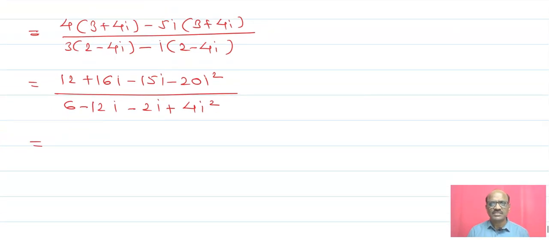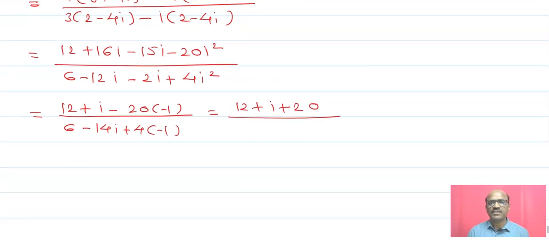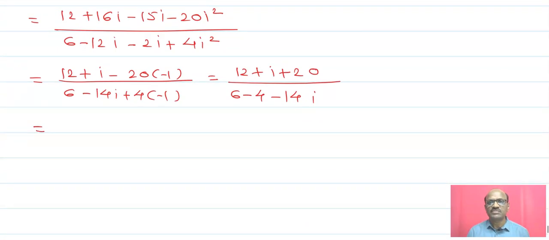Now this is a simple simplification. That is 12 plus i minus 20 in bracket minus 1. Therefore you will get 12 plus i plus 20, 6 minus 4 minus 49, and that is 32 plus i upon 2 minus 49.